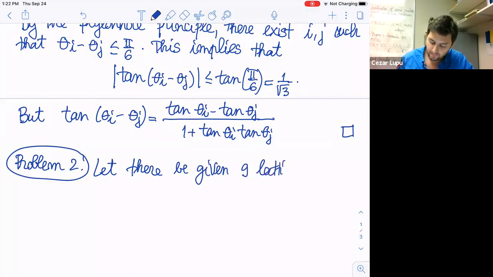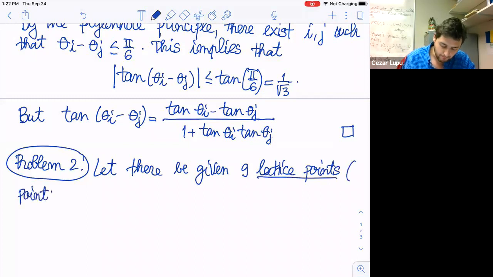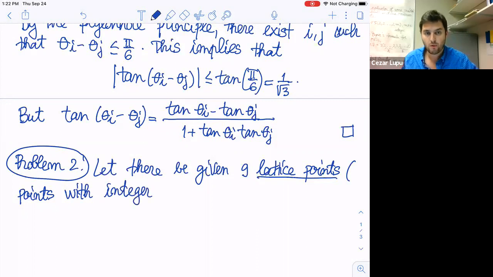This is important, right? Keep in mind that these lattice points are points of integer coordinates, with integral coordinates. What I mean by that is that both coordinates, the x and y coordinates, are integers, okay?